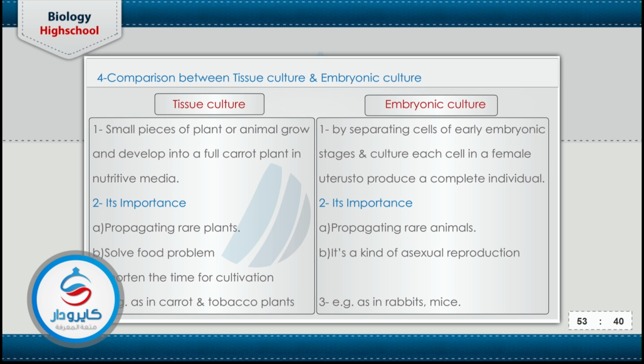The importance of tissue culture is the propagation of rare or desirable plants, shortening the time of cultivation, and also solving the food problem by increasing the plants. Examples are carrot and tobacco plants in tissue culture, but embryonic culture propagates rare animals or animals exposed to extinction, and it also acts as a kind of asexual reproduction. Examples of embryonic culture are in rabbits and mice.